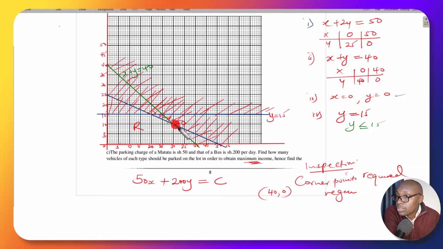This is the one that I can see very well where the lines are intersecting. So this is 30, 10. And then we have the other one, which is here. This point is 20, 15.